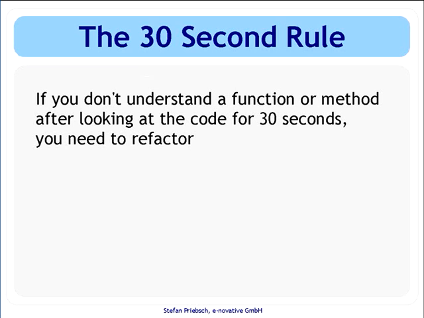And it says, if you don't understand a function or a method after looking at the code for 30 seconds, you'll need to refactor. You'll need to break it down. It's too long. It's too complex. I don't want to write a long comment explaining what the thing does. If you cannot tell what it does by looking at it for 30 seconds, it has to go.